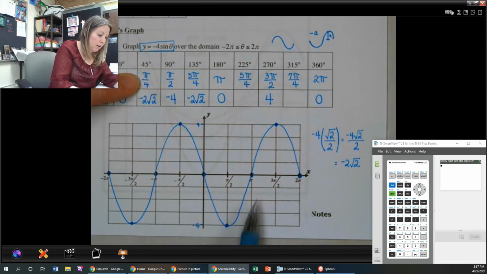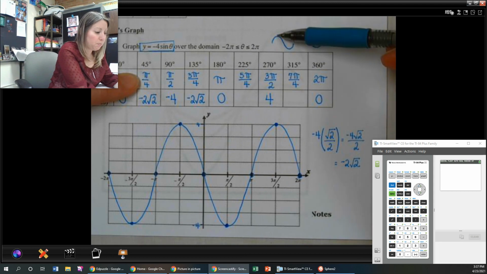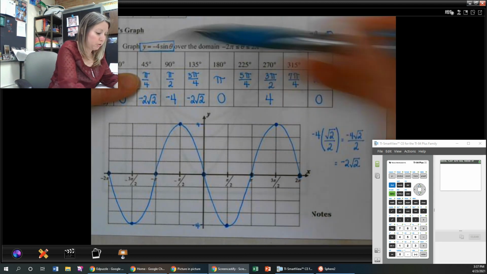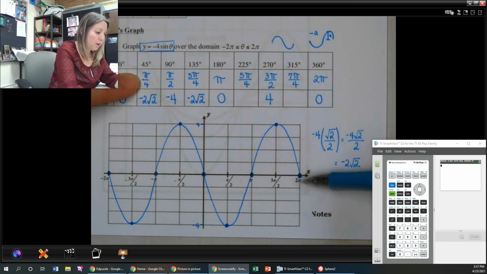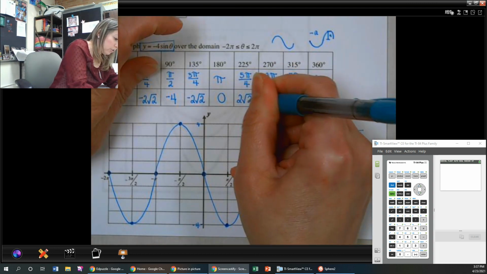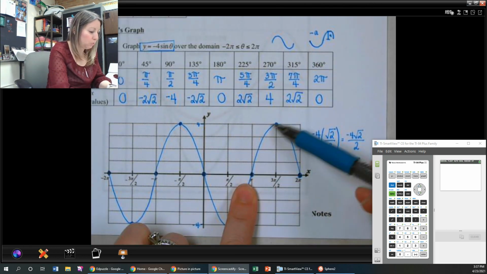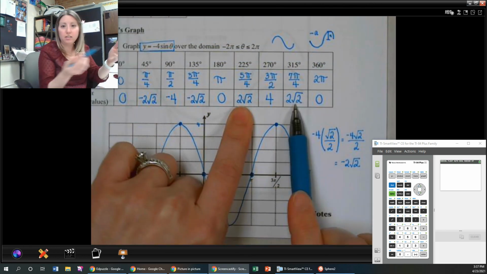So here and here that we know are quadrants 1 and 2, and are usually the positive for sine. But because we had a negative amplitude, we just start down and head up. And that just means that over here, these guys are both positive 2 radical 2. Again, because that's where we are here.